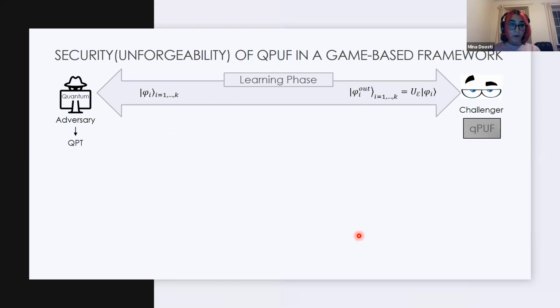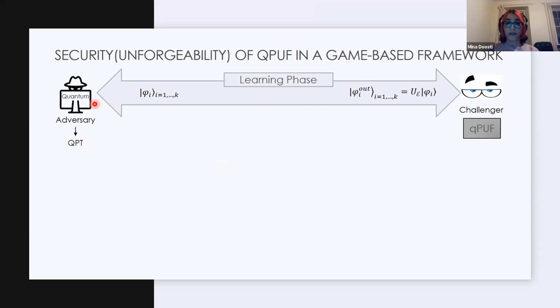And then we can define the security framework for quantum PUFs. The security property that the quantum PUF needs to have for many applications is unforgeability. So we want the PUF to be a device like a key, whose output you cannot predict. We capture this unforgeability with a game-based framework, with a game between a quantum adversary, a QPT adversary, and a challenger.